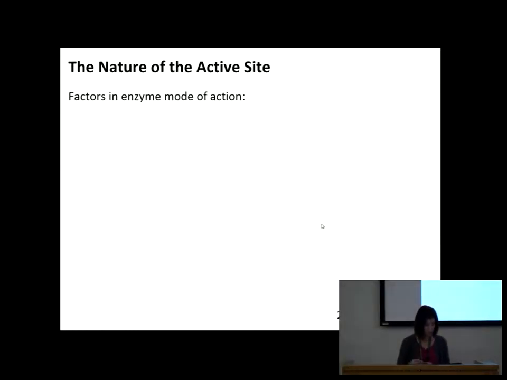So now we're going to go to the business part of the enzyme and really look at the active site. First, we're going to see how we determine what's going on in the active site, and then we're going to look at an example.